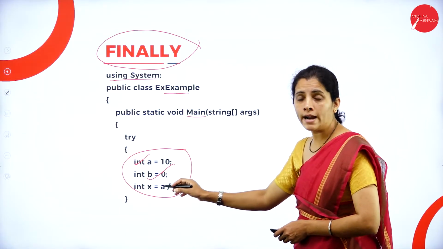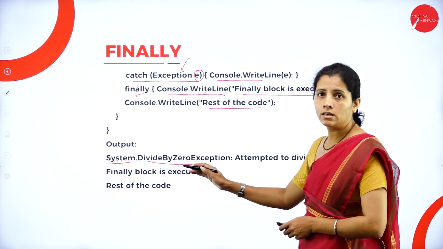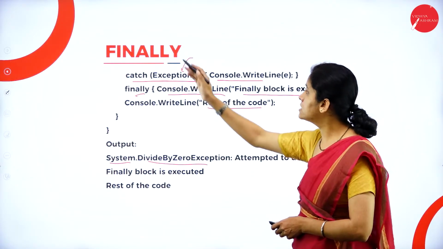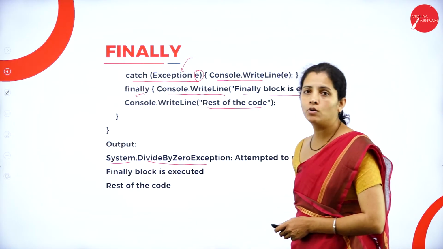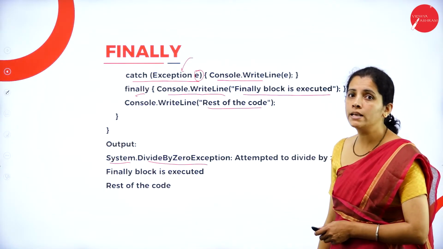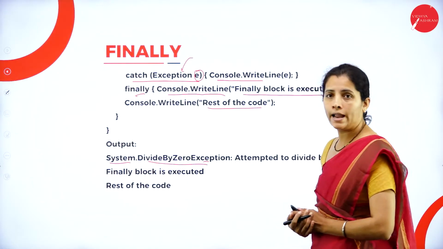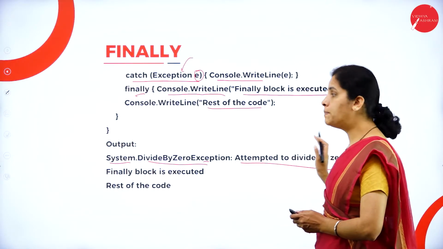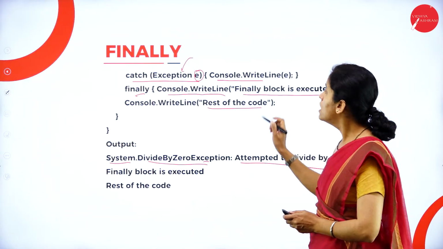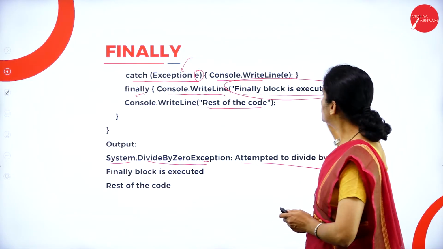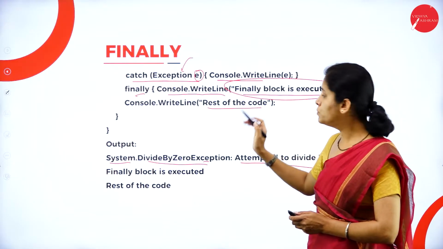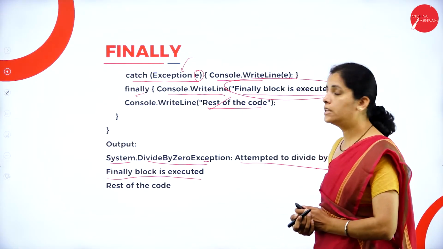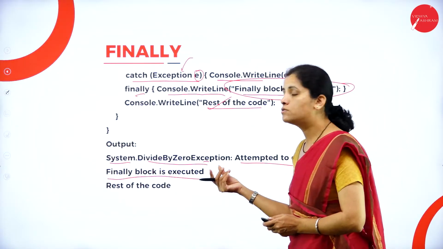I'm trying to divide the number by 0, and this code throws an exception that is caught by this catch block, and I'm going to get the output System.DivideByZeroException, and the message that attempted to divide by 0. Now I'm going to get the finally block output, that is, finally block is executed, and I'm going to get the last output, that is the rest of the code.